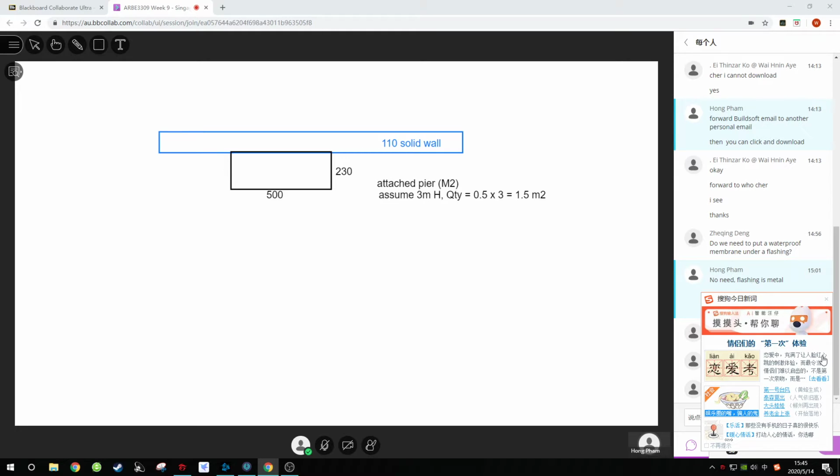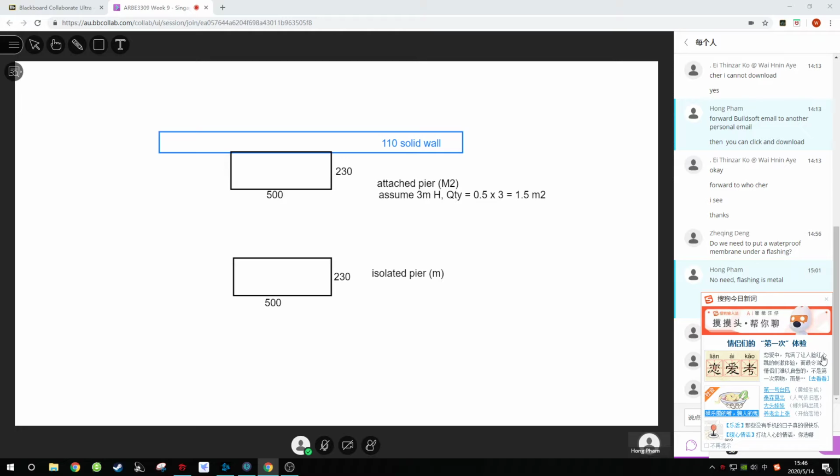Now we have another one, the same thing. This is also 230, this is 500. This is an isolated pier. This is in meter run. Assume 3 meter high.